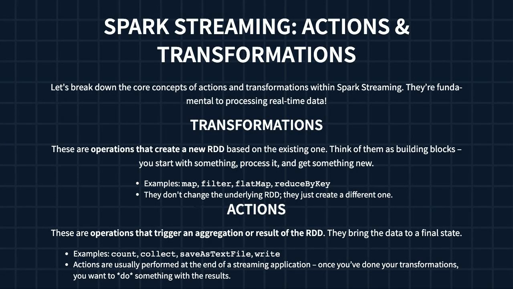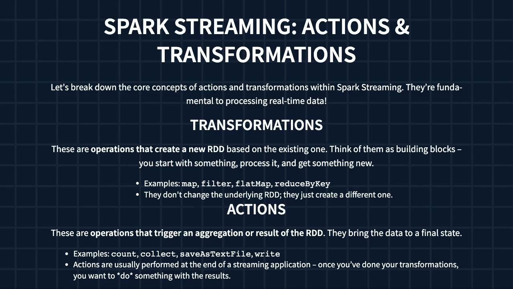Okay, let's talk about actions and transformations in Spark Streaming. They're really important to understand. Transformations are like building blocks for your data. They take your existing data and create a new RDD based on it. Think of map, filter, they all do that. They don't change the original data, just build something new.